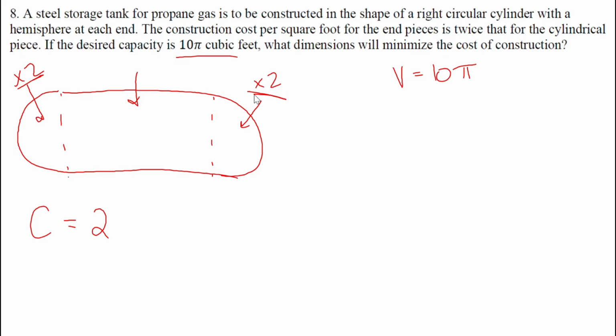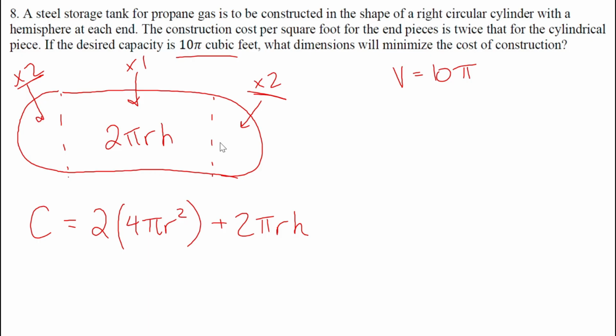The surface area is going to be 4 pi r squared, because if I put the two hemispheres together, that's one full sphere, right? And so we should have 2 times 4 pi r squared, and then we're going to add to that the centerpiece, which doesn't need to be multiplied by 2, but its lateral surface area is 2 pi r h, right? So this is just times 1, but it's 2 pi r h.